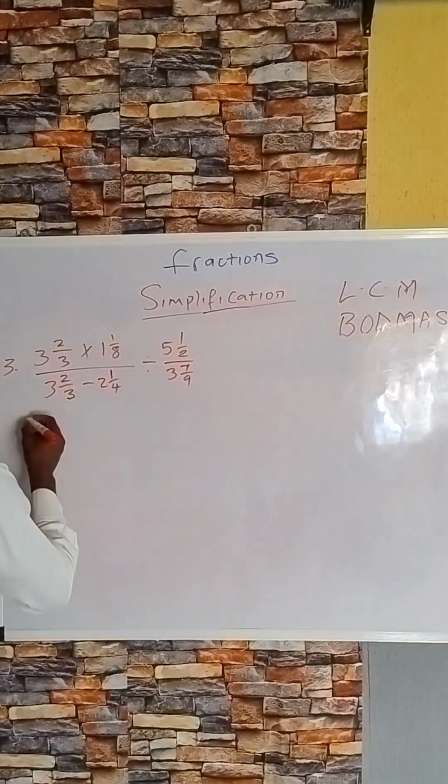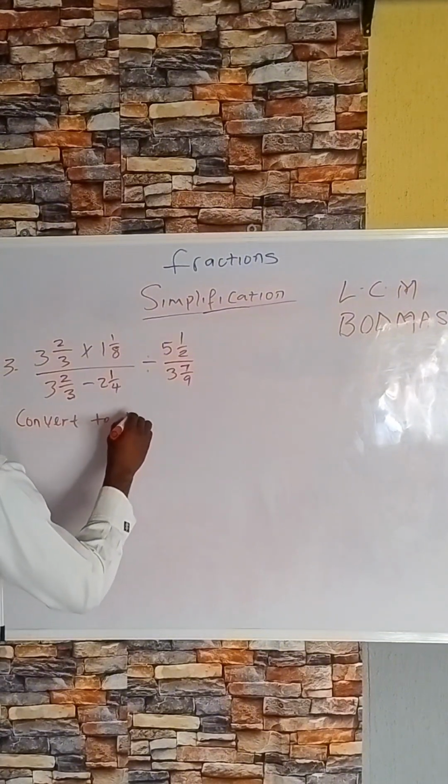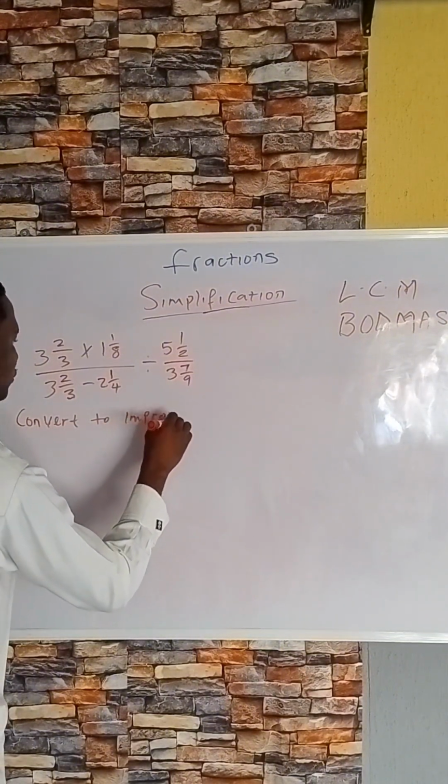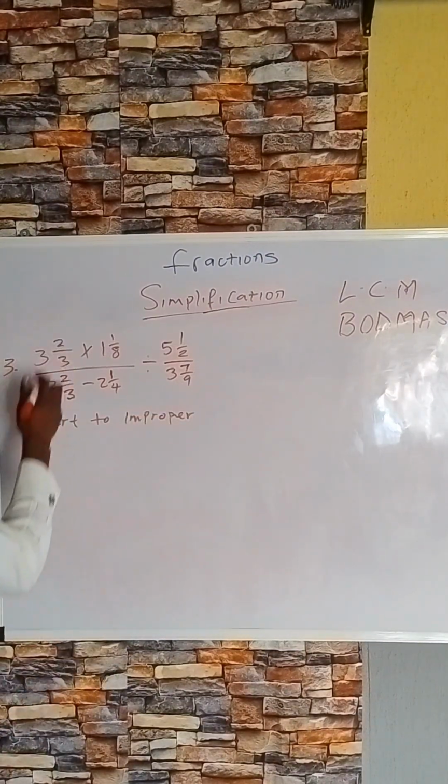So our first step will be convert to improper fraction. So 3 times 3 is 9 plus 2.